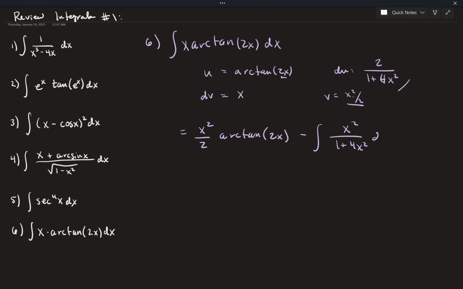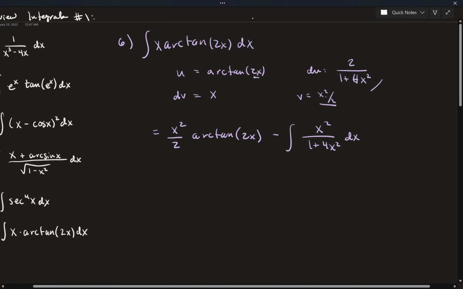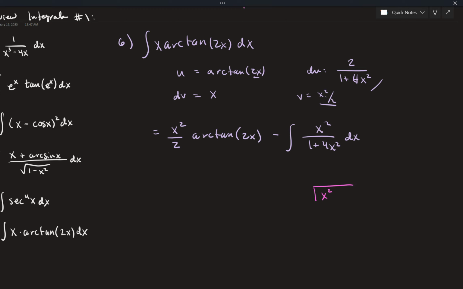1 plus 4x squared. And if you remember from partial fractions, whenever we get an integral like this, you've got to do long division. So I'll do the long division over here. I've got x squared and 4x squared plus 1. How many times does 4x squared go into x squared? Well, it goes in a quarter.